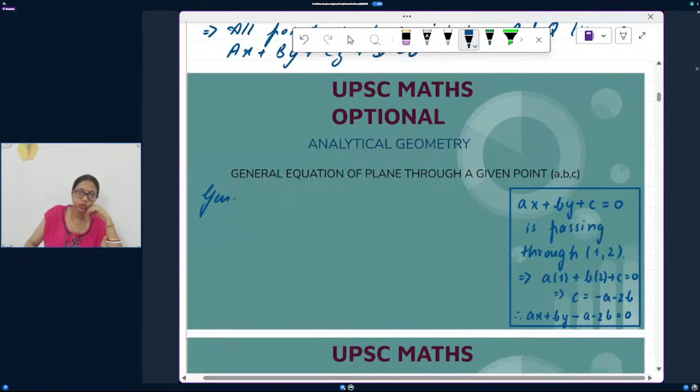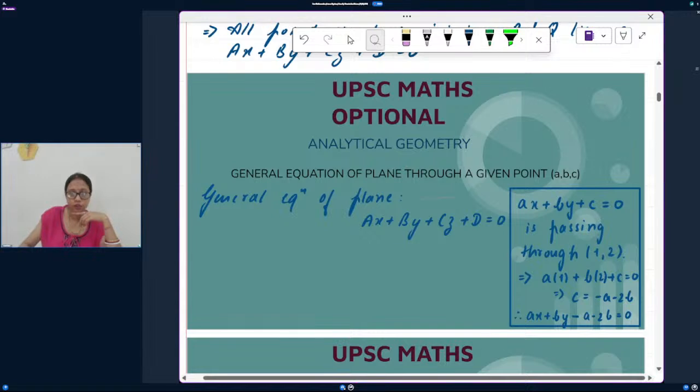General equation of plane is what? Ax plus by plus cz plus d is equals to 0. That's the first equation.